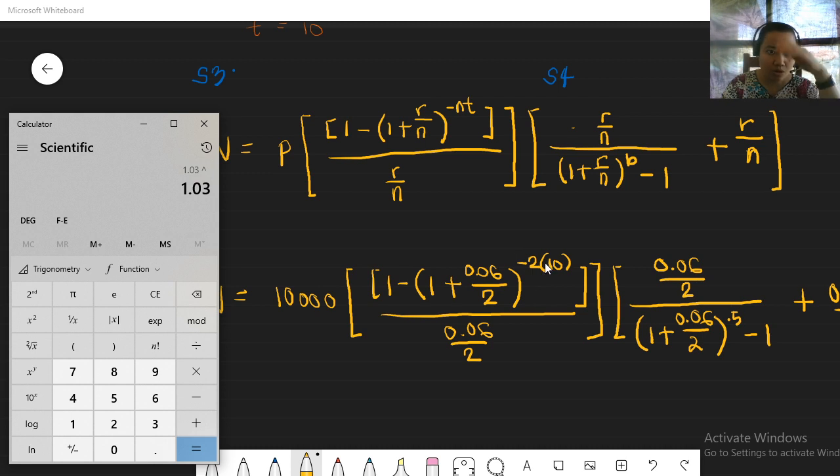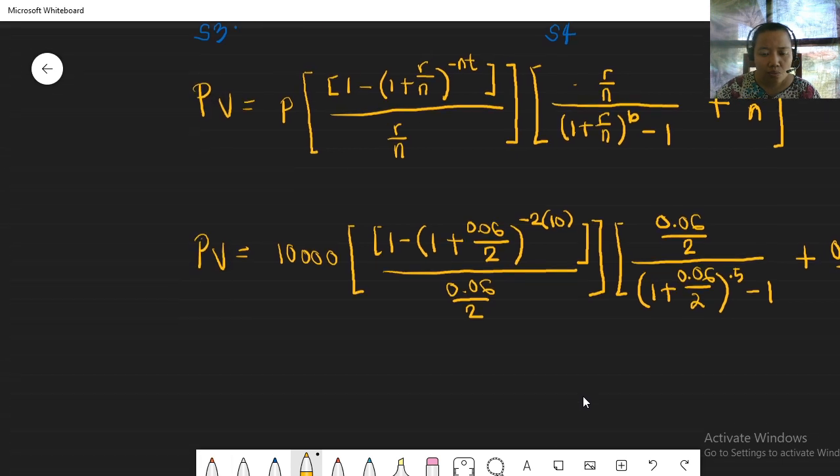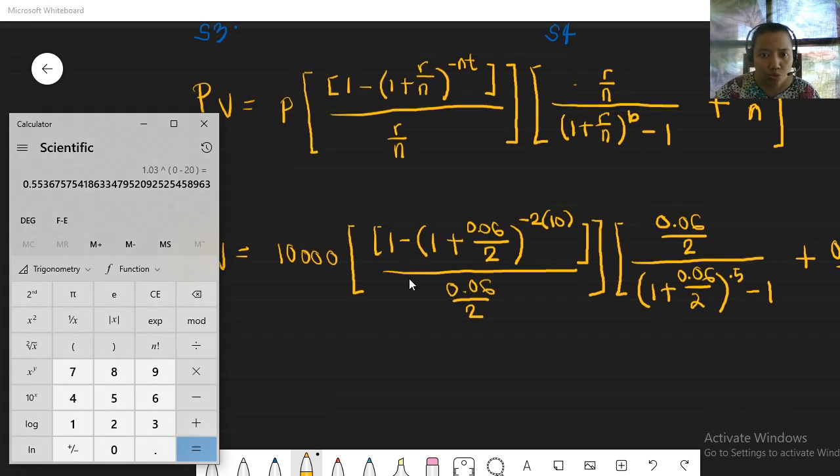The result is 0.5536 and so forth, and then we subtract it from 1.